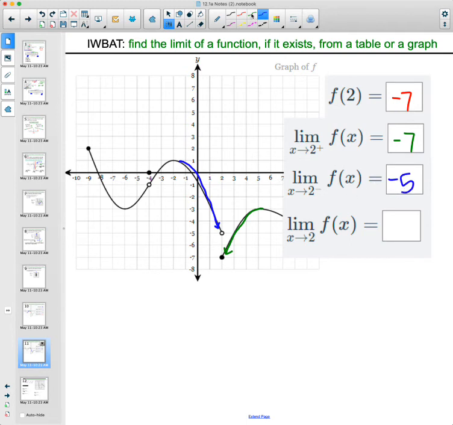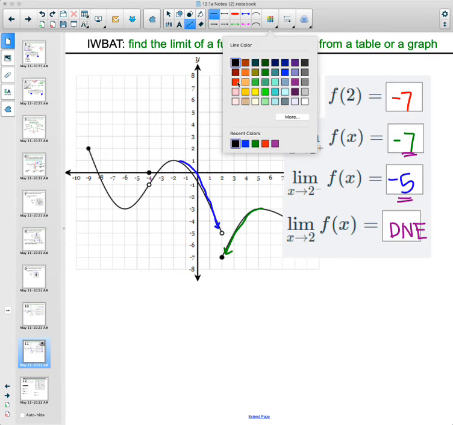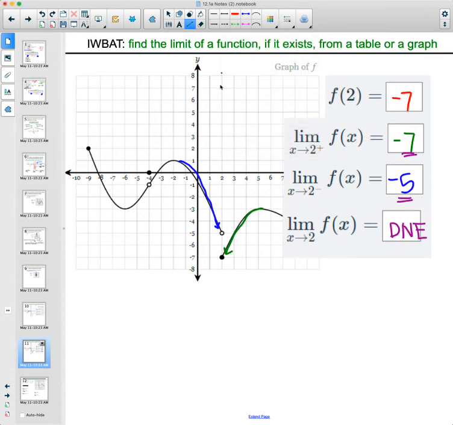So then you look at the left-hand limit and the right-hand limit. So left hand is -5, right hand is -7. So this overall limit does not exist. And on the graph, again, you can see that because there's a break. Okay, so there's a break at this x value of -2, and there's this jump.